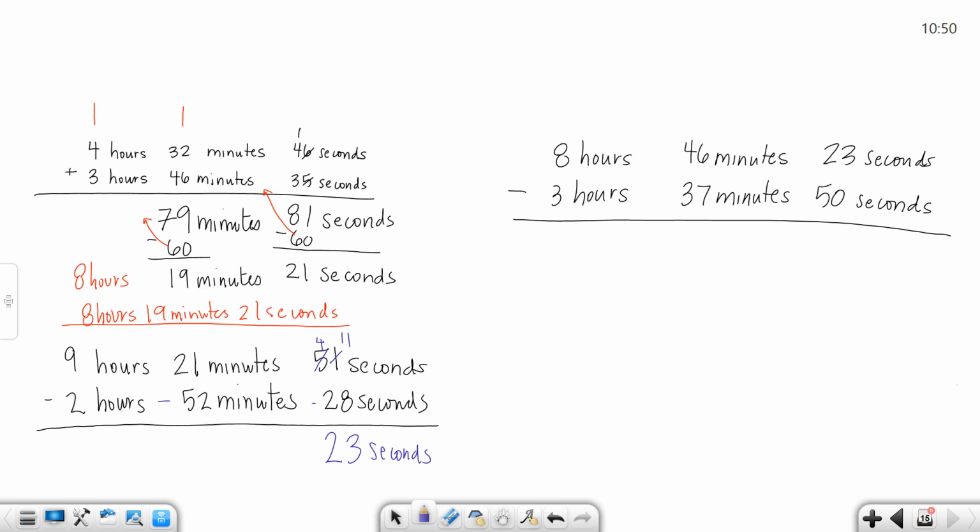Let's go to the next column. I can't subtract 52 from 21, so I have to borrow from the hours. So I'm going to take away 1 hour over here, and that means I'm going to add 1 hour to this one. Well, in terms of minutes, 1 hour is 60 minutes.